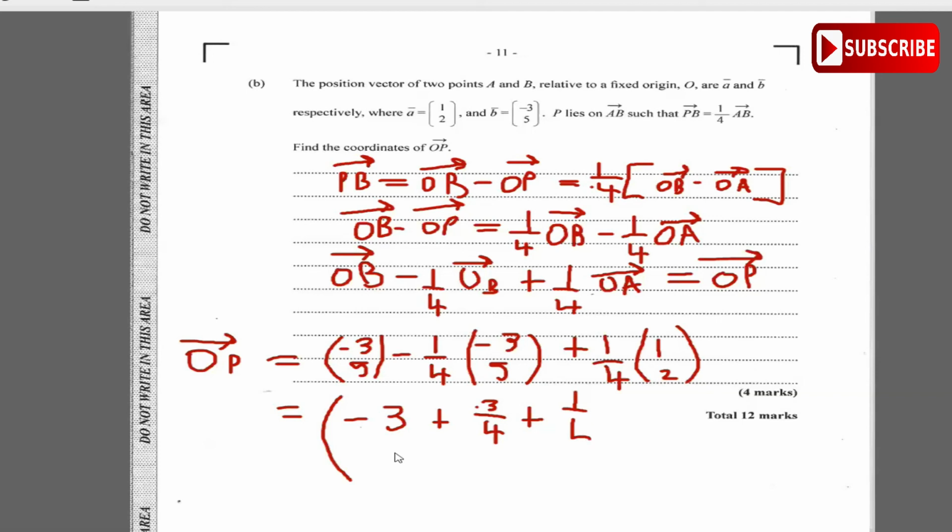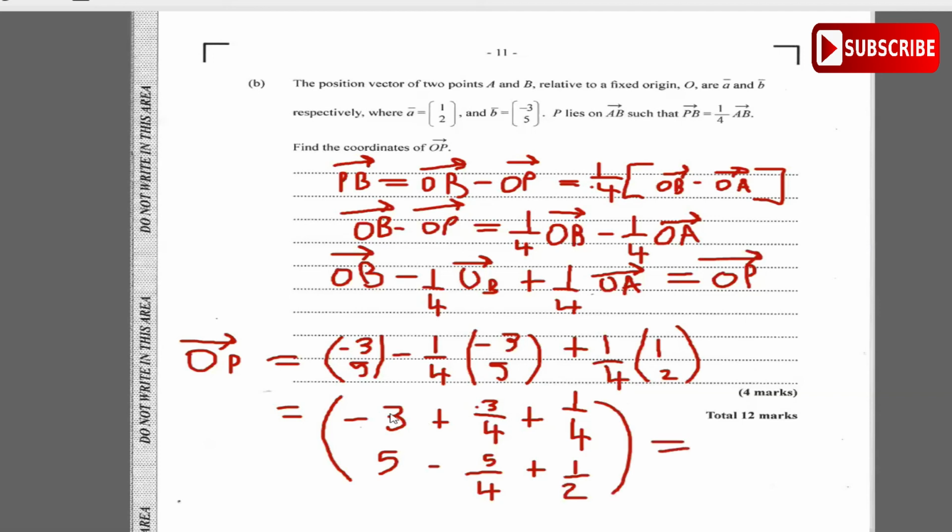Then I have 5 right here. Now minus a quarter times 5 is minus 5/4. Then I have a quarter times 2, and a quarter times 2 is a half. Nice and easy. So now we can continue.